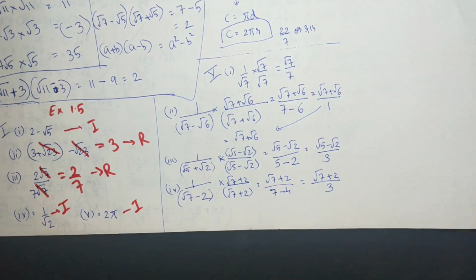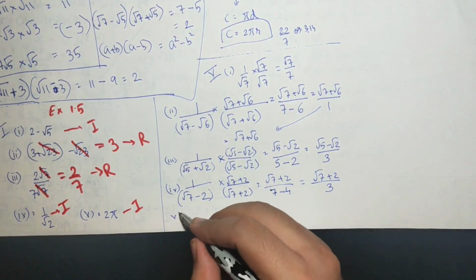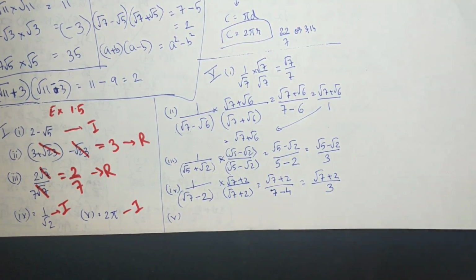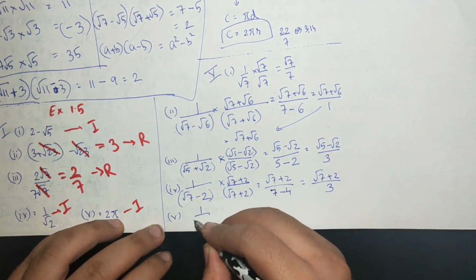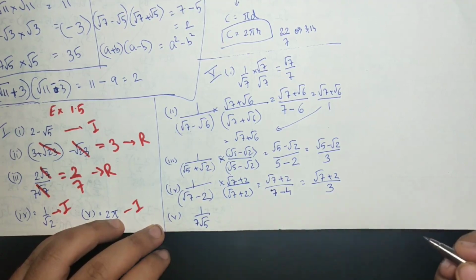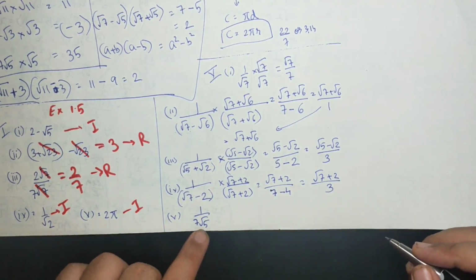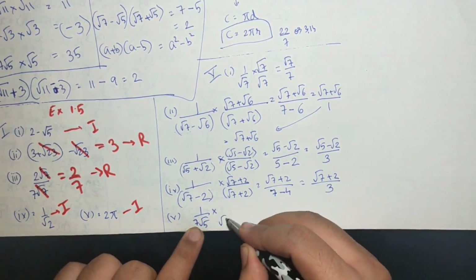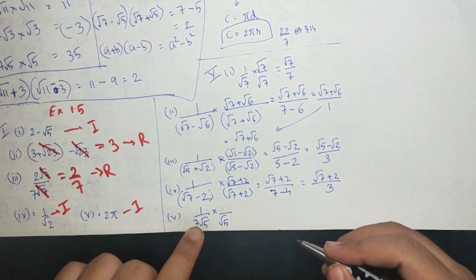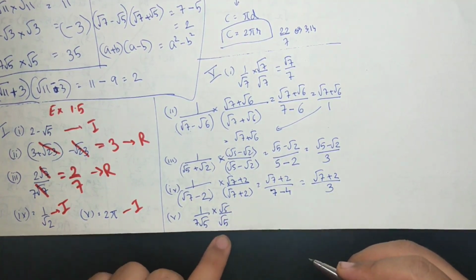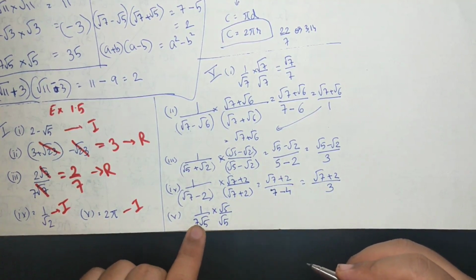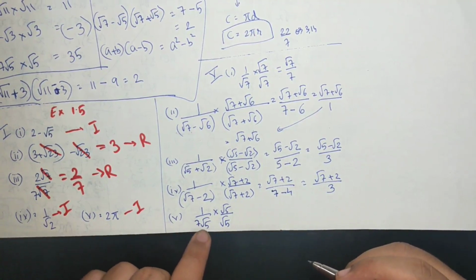Hope this made you understand. I am taking one more example which is not in the textbook. That is required just to explain one thing. 1 by 7 root 5. It's a monomial. If it's a monomial, only the number with the irrational form has to be multiplied. Don't multiply with 7 root 5. 7 is already rational and it's a monomial.